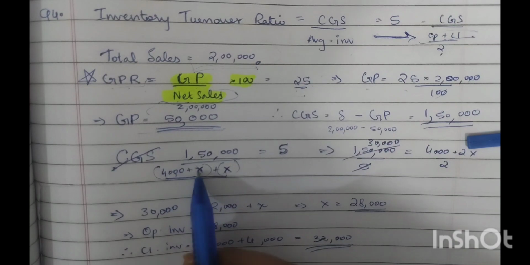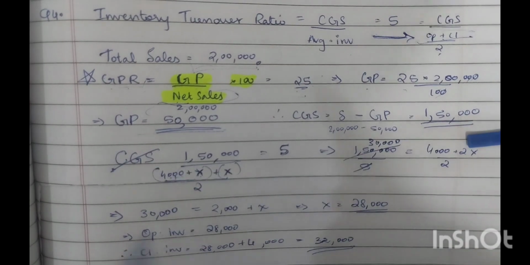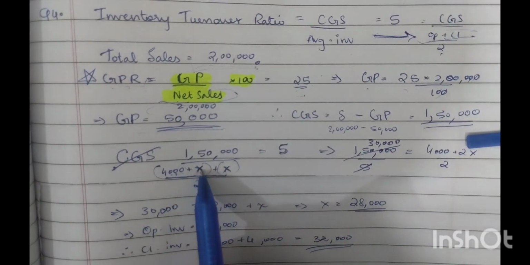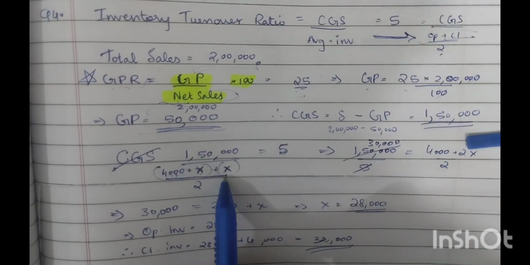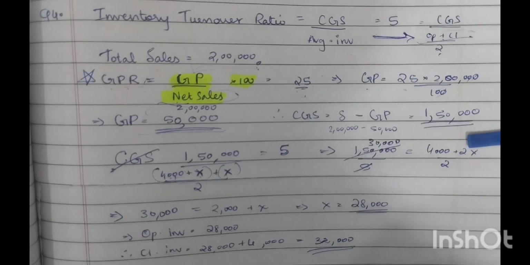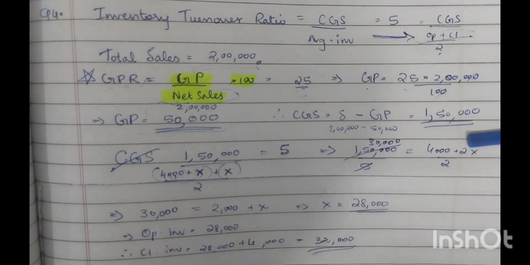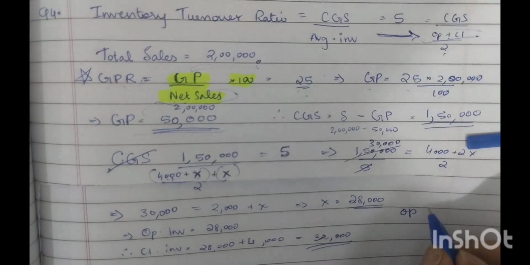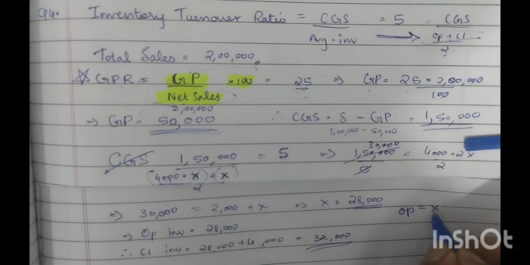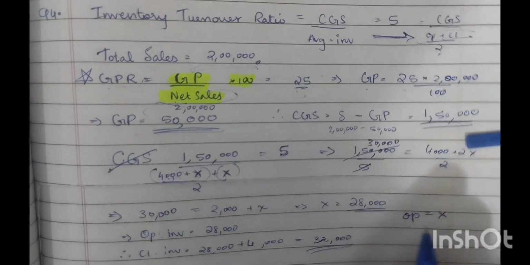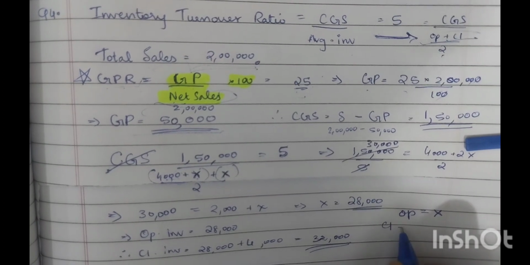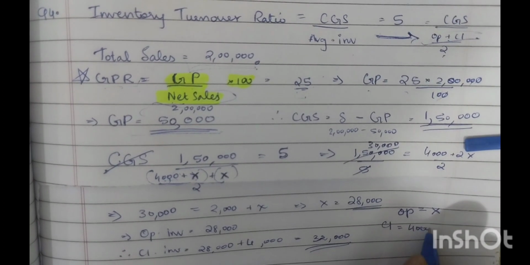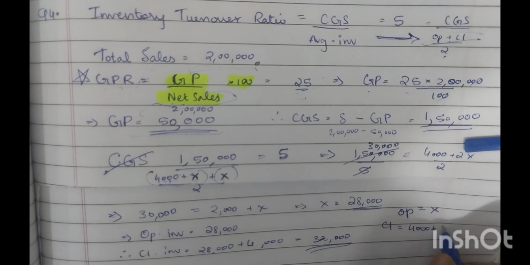So 4,000 more than opening inventory, 4,000 plus X. So 4,000 plus X, closing inventory, plus X, opening inventory, by 2 is our average inventory. I'll repeat that once again. They've said that opening inventory, let's say it's X, and closing inventory is equal to 4,000 more than X.